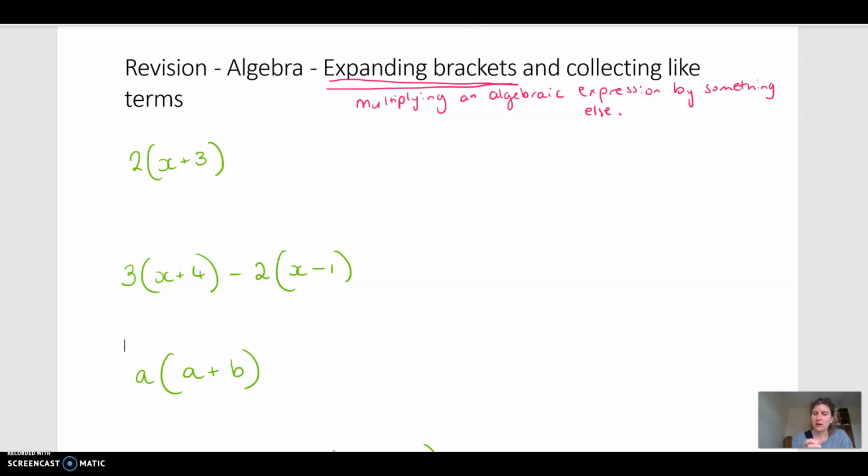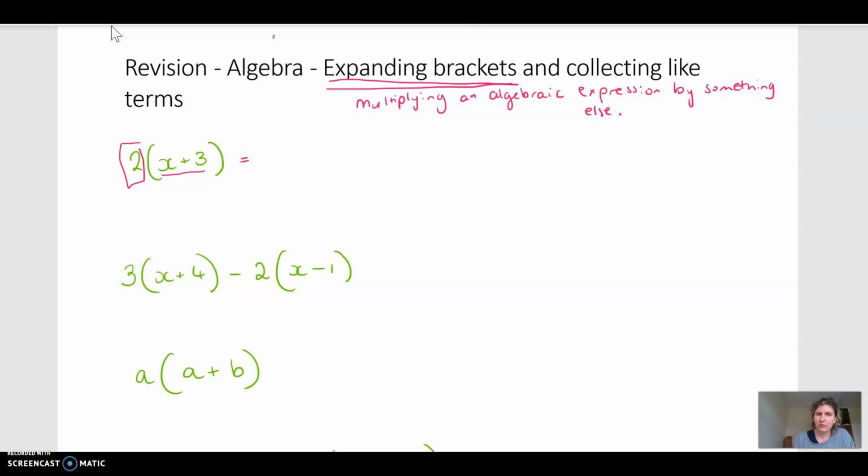Remembering that an algebraic expression is just a term that has some algebra in it where there's no equal sign. So for example, if we look at this first one here, x plus 3, that is an algebraic expression, and we're multiplying that by the number 2. If we're multiplying that by 2, we're saying we have 2 lots of x plus 3.